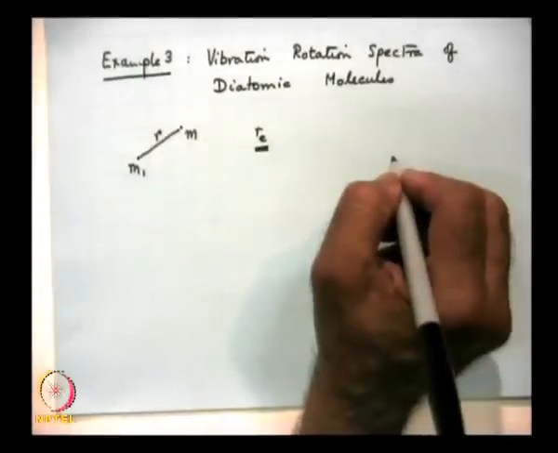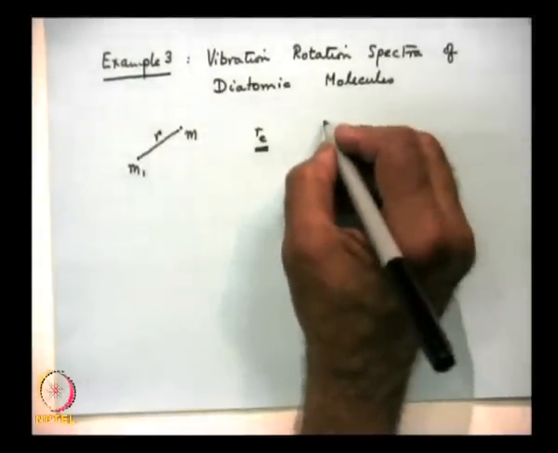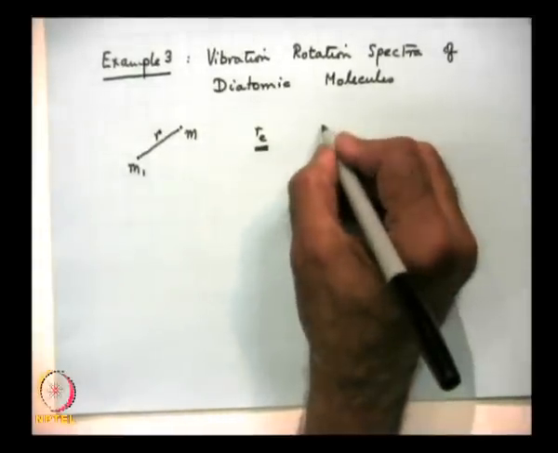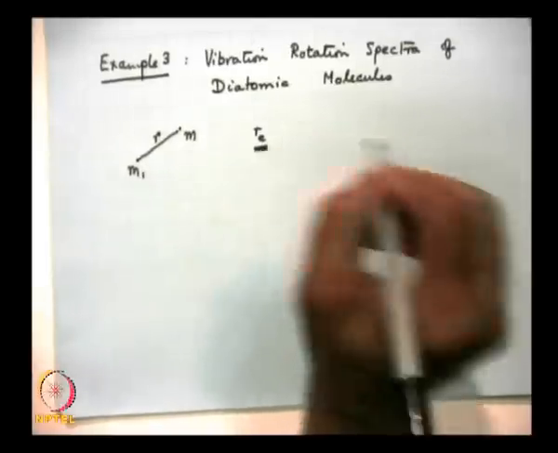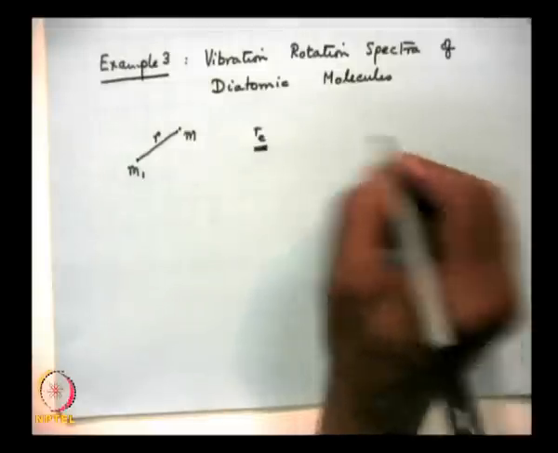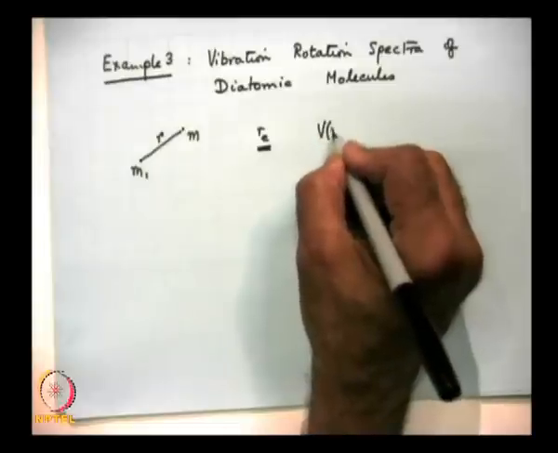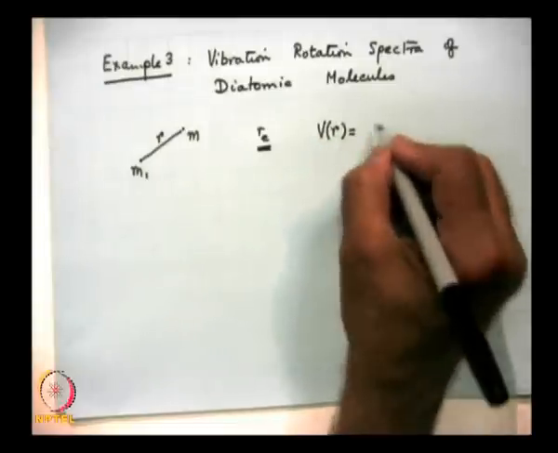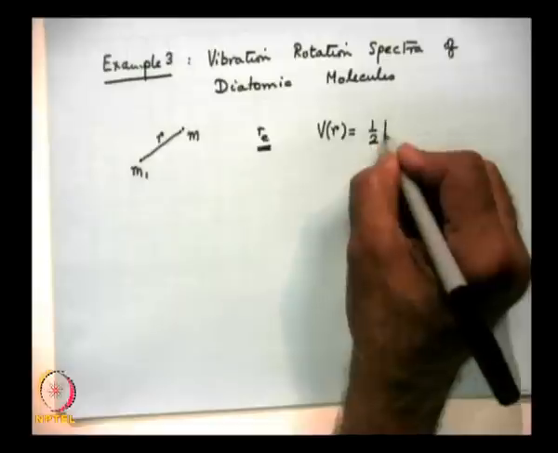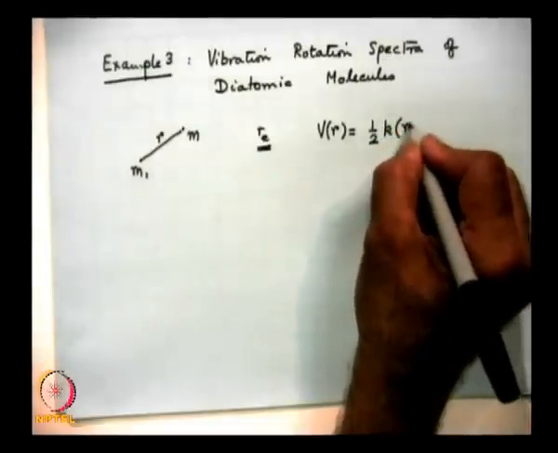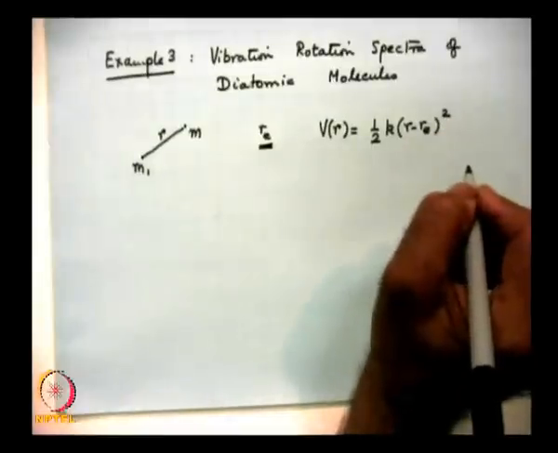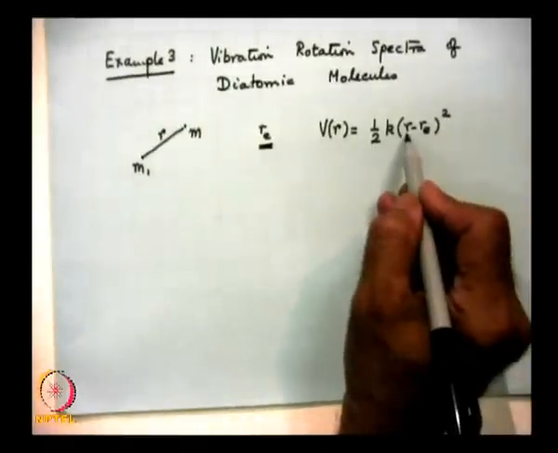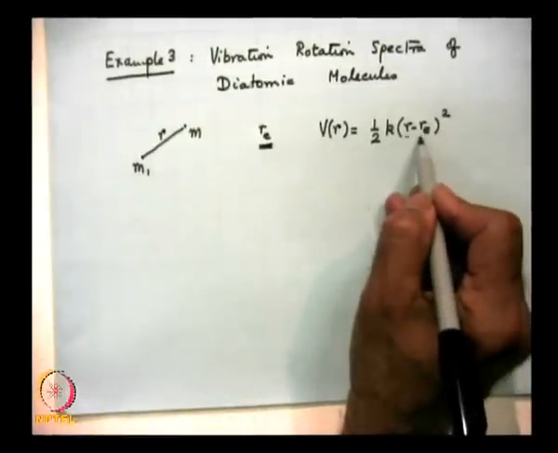Such a Hooke's law type of force, in which the force is proportional to the displacement from the equilibrium separation, is described, like in a harmonic oscillator, by a potential energy distribution which is half k (r minus Re) whole square. If the distance between the two molecules is Re, then this is 0.